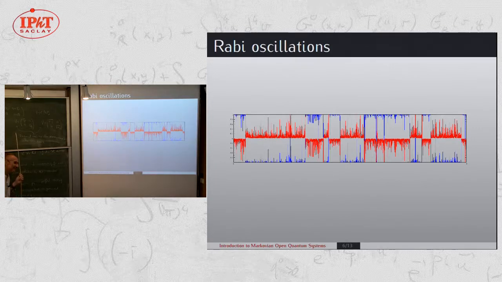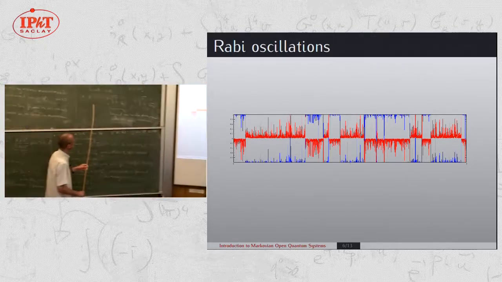However, in this example of Rabi oscillations, if you keep theta fixed and you measure more and more often, the time it will take to see a jump will explode. These pictures have been made by scaling theta at the same time. I will show you how to do that next time.